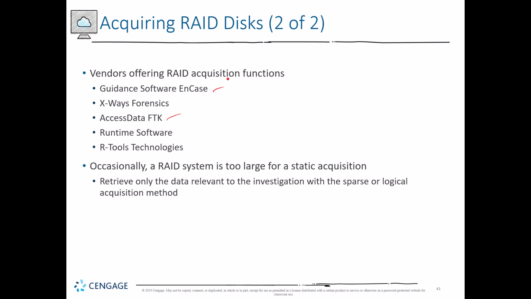A big thing to keep in mind, sometimes RAID systems are too large for static acquisition. Retrieve only the data relevant to the investigation or the scope that you have, instead of trying to get all of the sparse data.